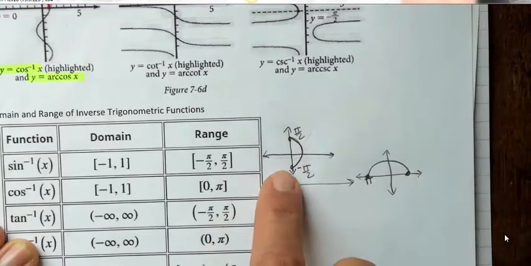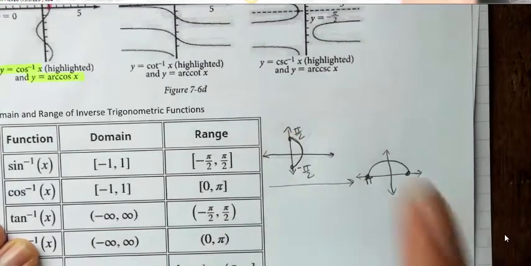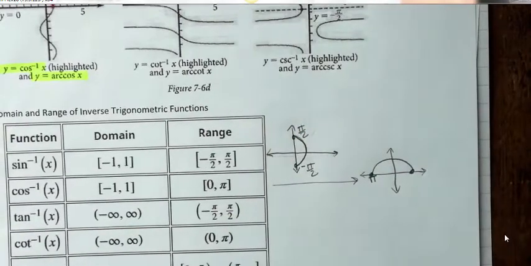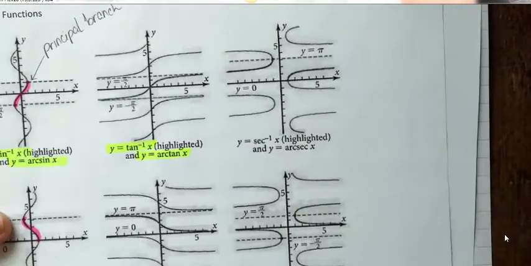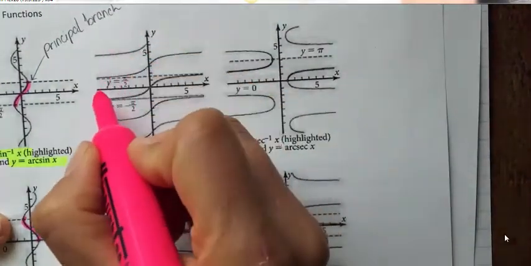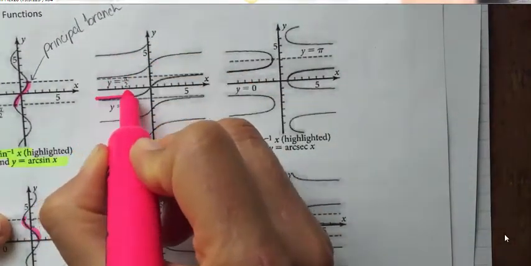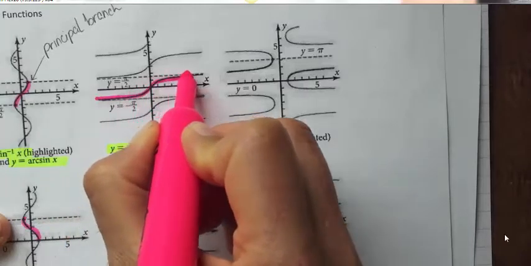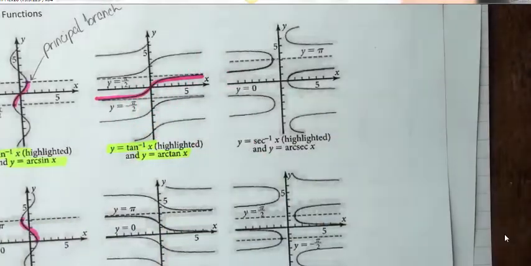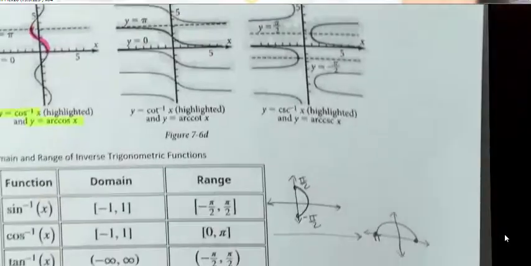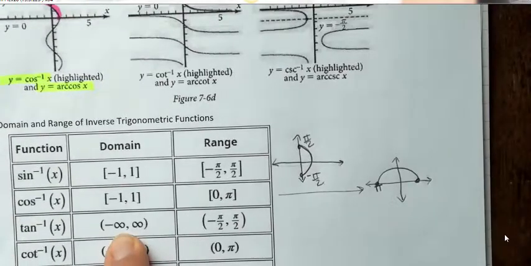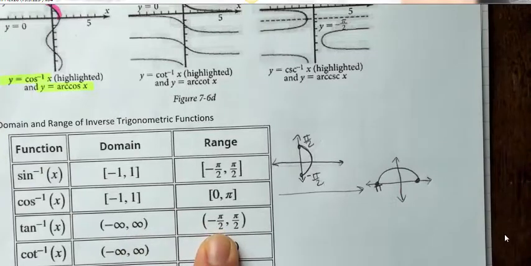It goes from negative pi over 2 up to pi over 2. And your domain now is all possible inputs, right? So your domain can go from negative infinity to positive infinity. Your range is restricted.